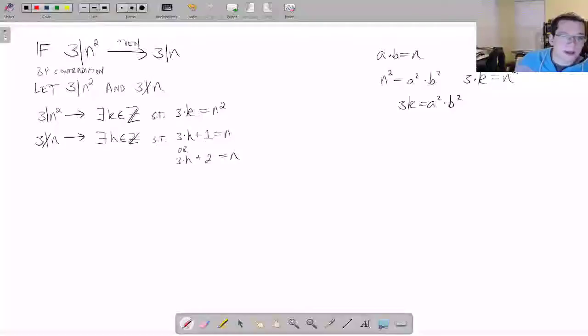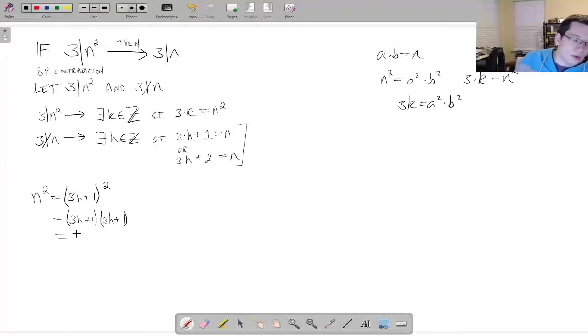So if we have one of these values for n, we're going to say n squared equals (3h plus 1) squared, which is equal to (3h plus 1) times (3h plus 1) equals 9h squared plus 6h plus 1.